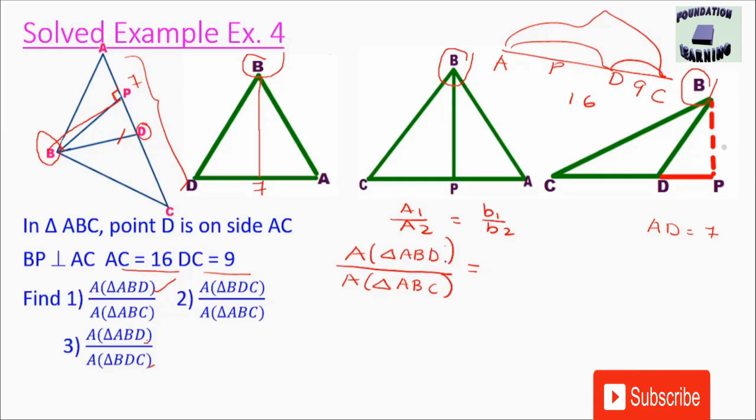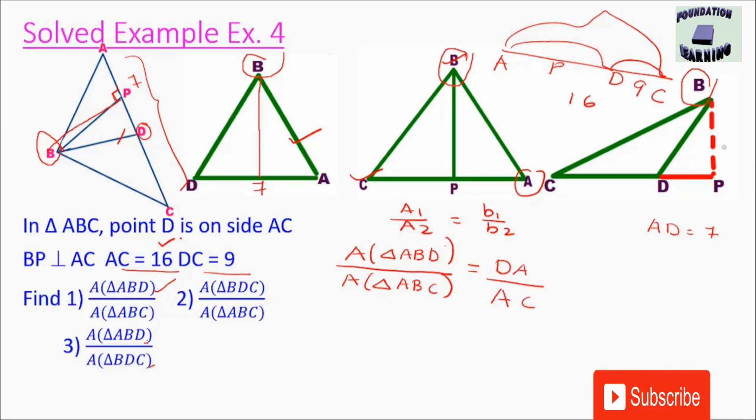Now for ABD, what is the base? ABD is the first triangle, and the base is DA. And for ABC, the base is AC.